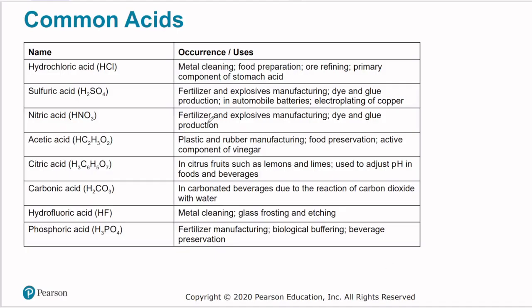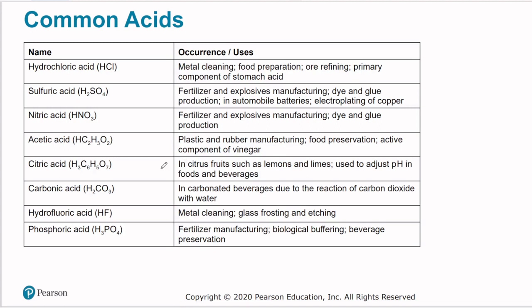Here are some common acids you may encounter. Hydrochloric acid, which is found in the stomach, sulfuric acid, which is used to prepare fertilizer and explosives, nitric acid, which is also used in fertilizer and explosives, acetic acid, which is vinegar. It's the primary component of vinegar. It's used in food preparation and preservation.